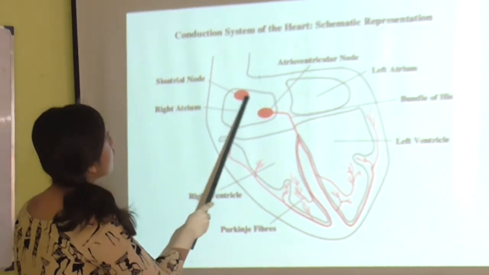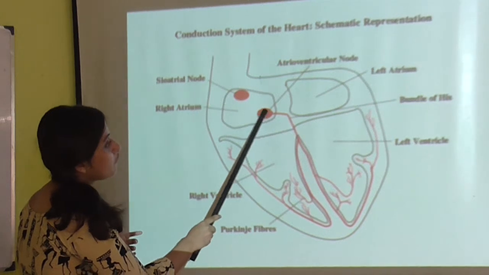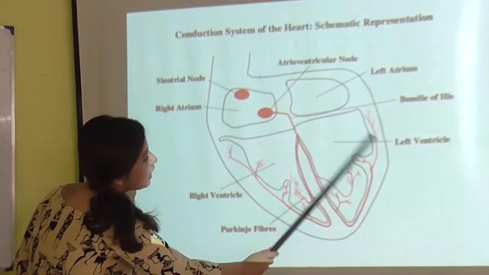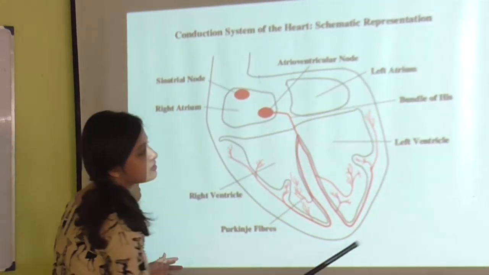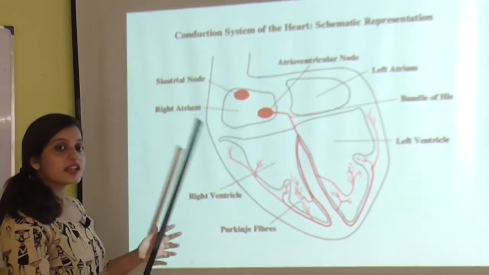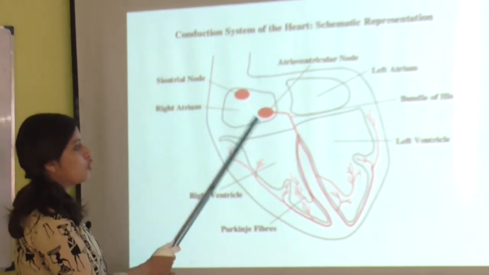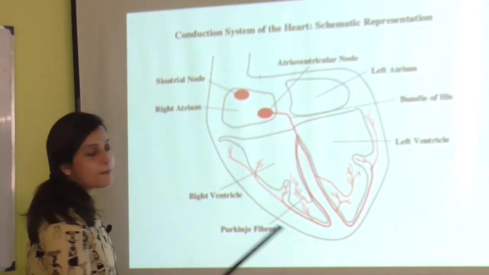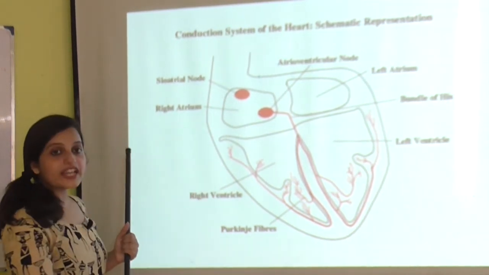After the SA node gives the electric impulse, the AV node will pass the impulse to the lower chambers of the heart, that is the ventricles. So these are two terms which you need to know.